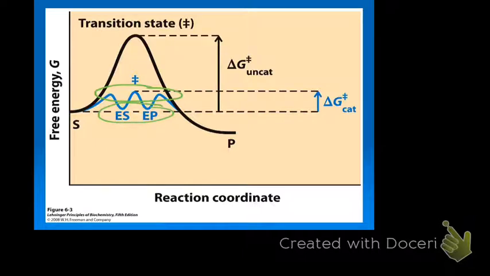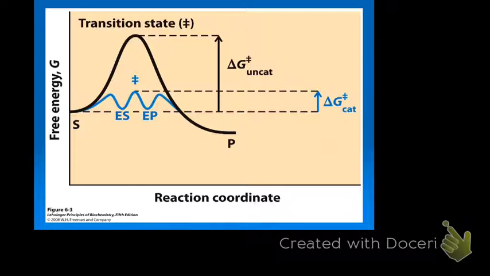Okay? But I also want to point out that the way it catalyzes is overall the biggest hill is no longer as tall as what it had been before. But it could also look something like this. And for every step, you're going to have a hill, a maximum, and a valley, a minima.